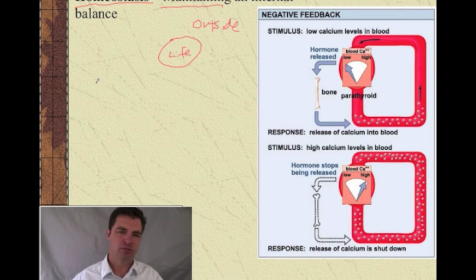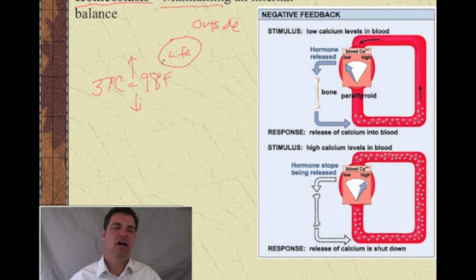If you were a human, your body temperature is about 37 degrees Celsius, which is about 98 degrees Fahrenheit. If you get sick, it can go up a little bit and it can go down a little bit. But if you go too far above or too far below, you get out of homeostasis and you end up dying. All organisms have to maintain some sort of internal balance, even though the outside is constantly changing, because life only exists within certain boundaries.